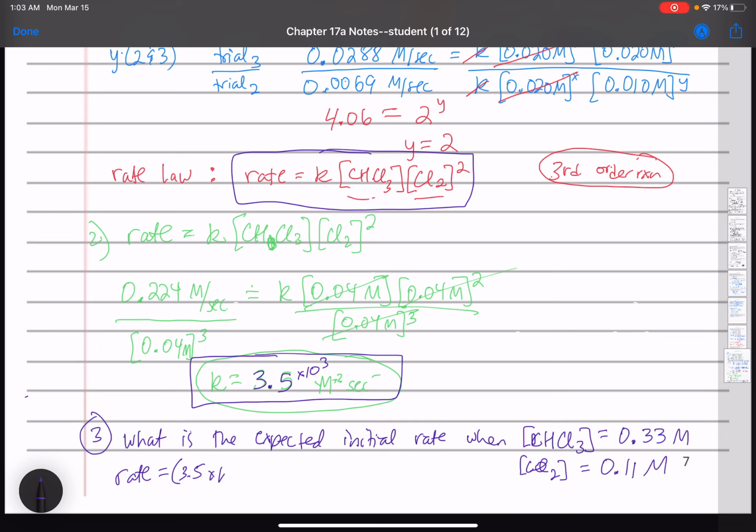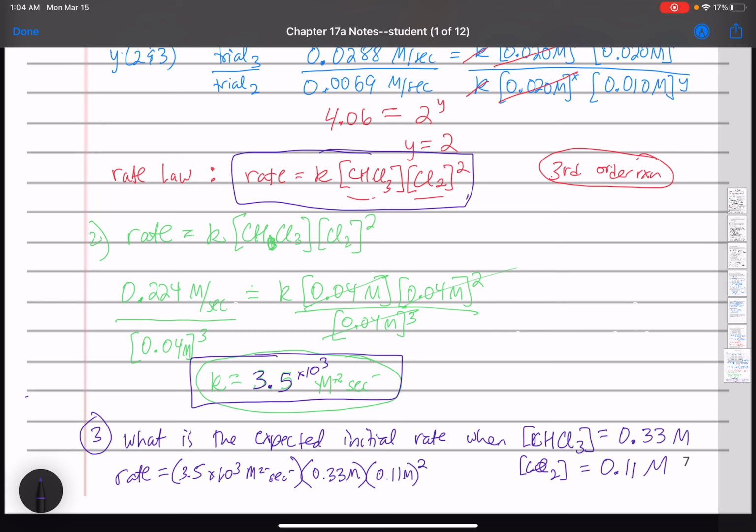So 3.5 times 10 to the third, inverse molarity squared per second, times the concentration of the CHCl3 to the 1 power times the concentration of the Cl2 squared.